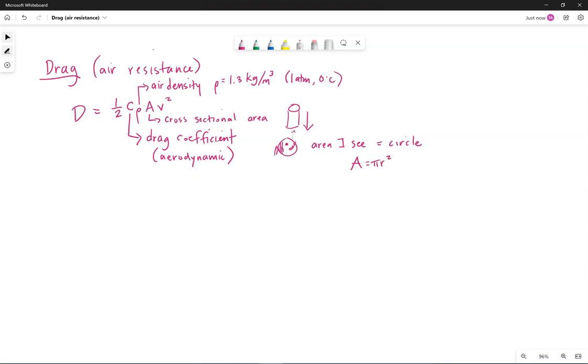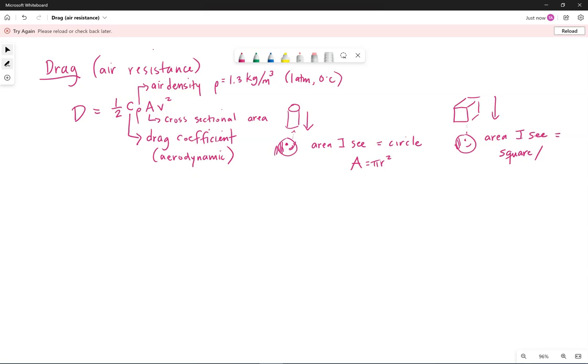If I had a box falling downwards, and I, again, was looking upwards, the area I see would be a square or rectangle if it's not the same dimensions on all the sides. So the area would be the length times the width, meaning these two dimensions, length times width.